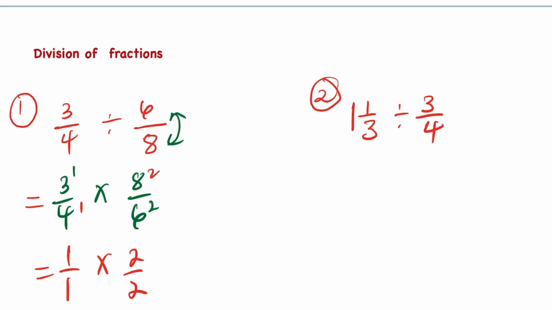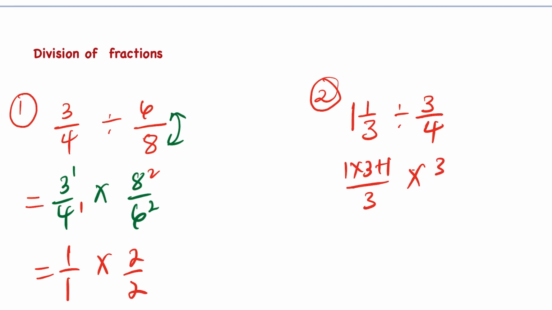Right, let's look at this one. We have a mixed fraction and a fraction there, so we're going to change that mixed fraction first. We're going to say 1 times 3 plus 1 divided by 3, and then we're going to change that division into multiplication.